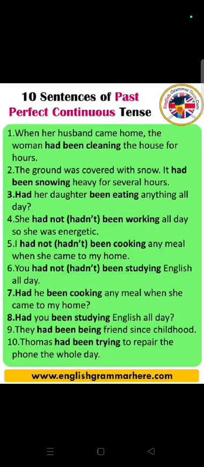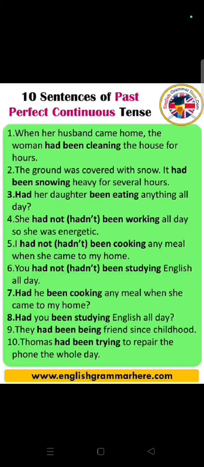Some examples of past perfect continuous tense are: When her husband came home, the woman had been cleaning the house for hours. Second, the ground was covered with snow. It had been snowing heavily for several hours. Third example: had her daughter been eating anything all day? Fourth, she had not been working all day, so she was energetic.